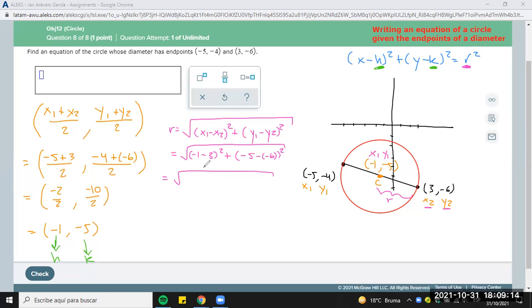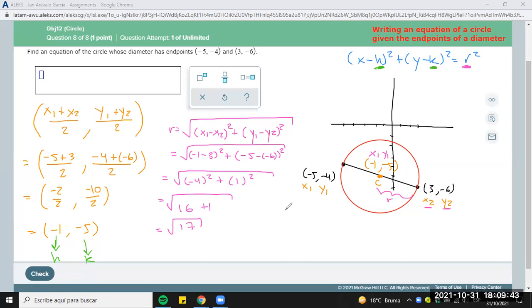This is going to be minus 4 squared plus minus 5 minus minus 6, which is minus 5 plus 6. That is just 1, right? Okay, that is something to be careful about, the signs in the formulas. Now 4 squared is 16 and 1 squared is 1. So this is the square root of 17.